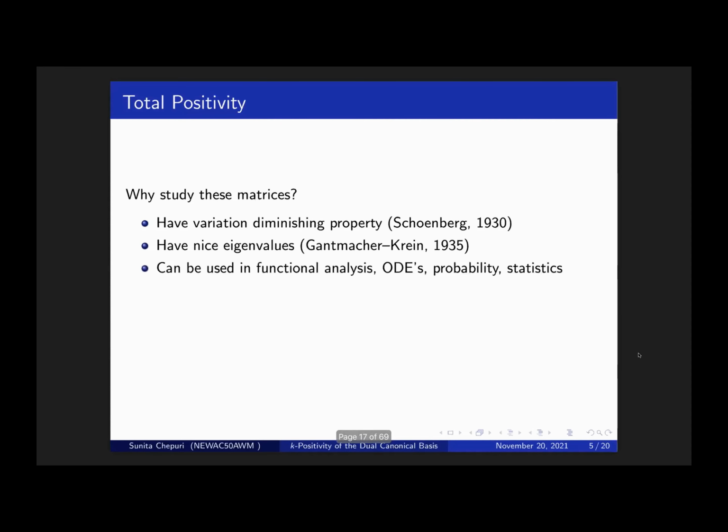Since then, people have found applications for these matrices in all sorts of areas in math. And for me, as a combinatorialist, there are a couple of reasons that I'm interested in totally positive matrices. First of all, they have a really nice relationship with networks.